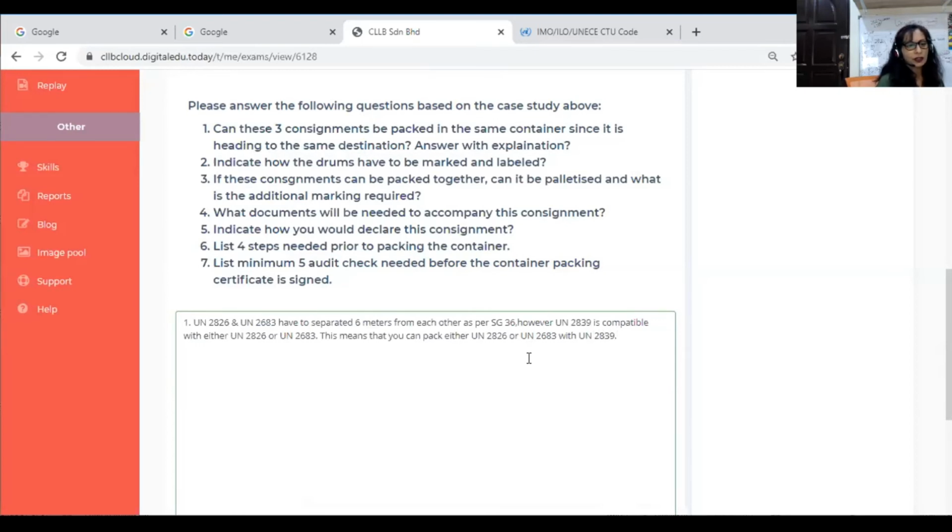So the choice is up to them. They can take whichever cargo to pack together with 2839, because that's the most compatible.